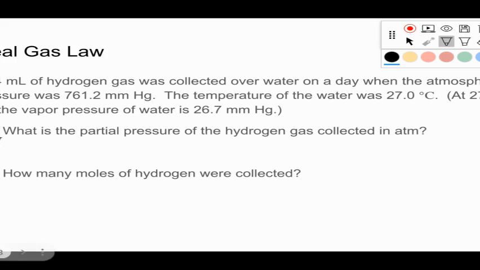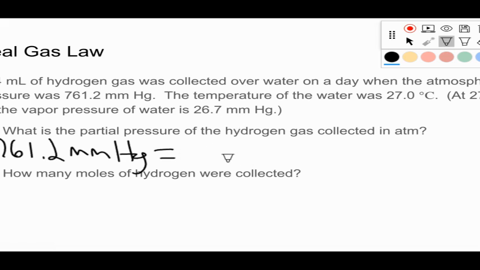So when we're doing our little Dalton's law of partial pressures, this number becomes my total pressure. It tells me that the pressure of my water at that point is specific to the temperature, because obviously the higher the temperature of the water, the more water is going to turn into gas. So the pressure is going to be greater because the particles have mobility and can move around.